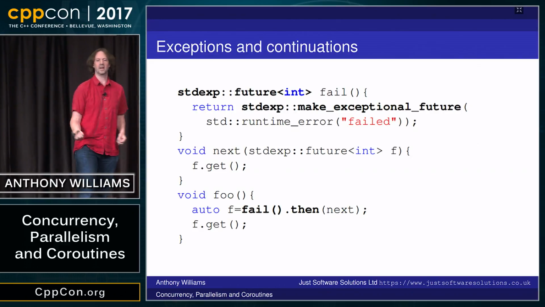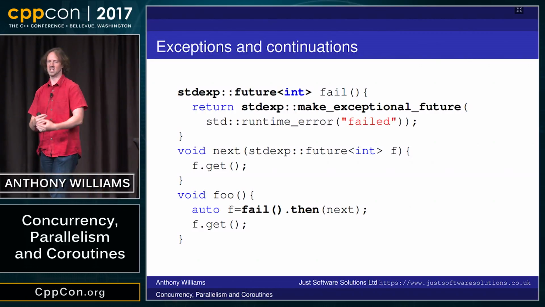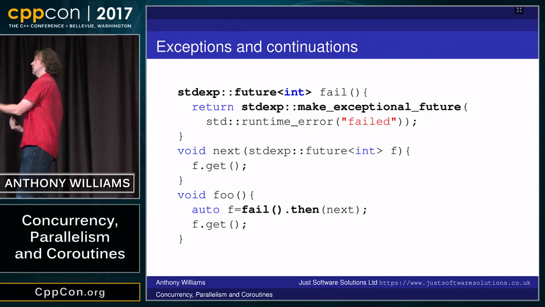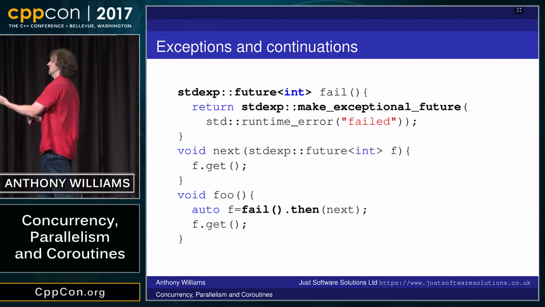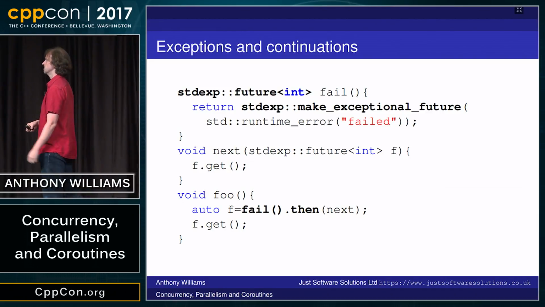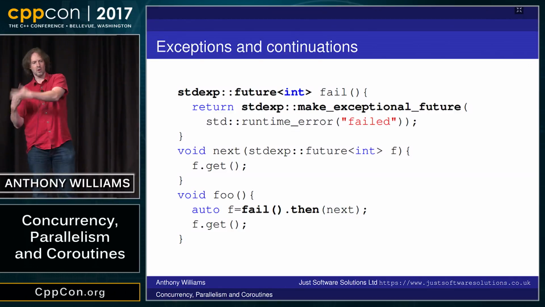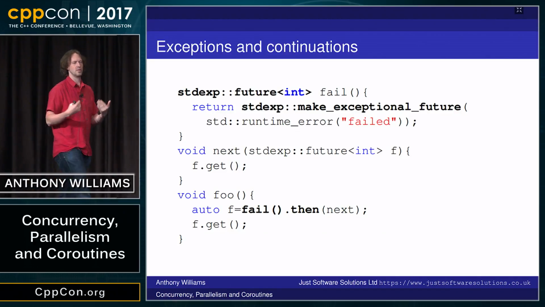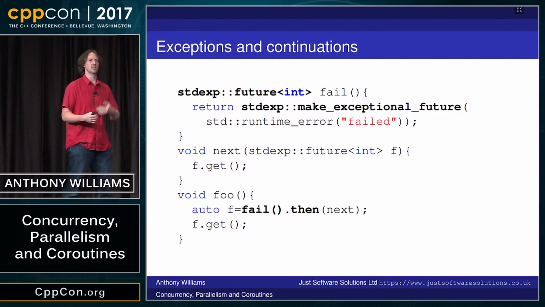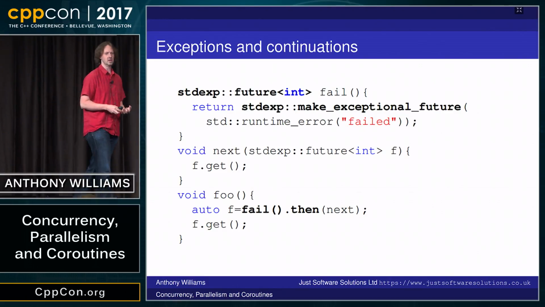So we call fail, and that's going to give us a future that holds an exception. We put on the continuation with a call of then and passing in our next function, and that will then throw when it is called by the runtime library.